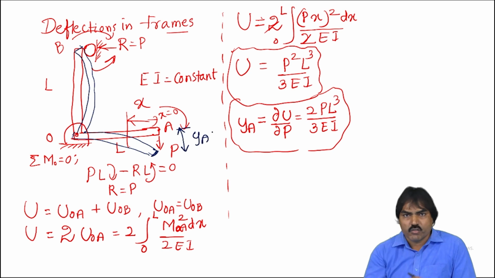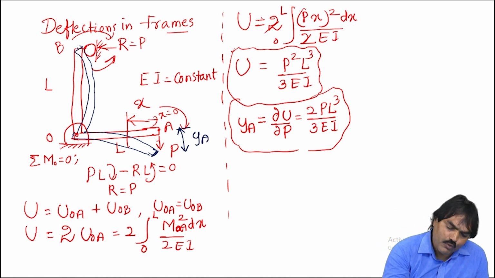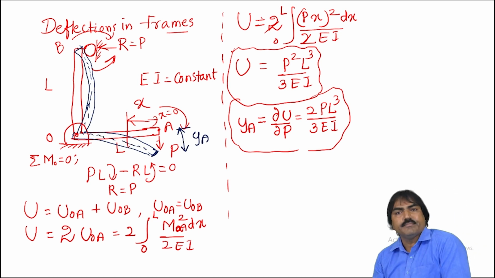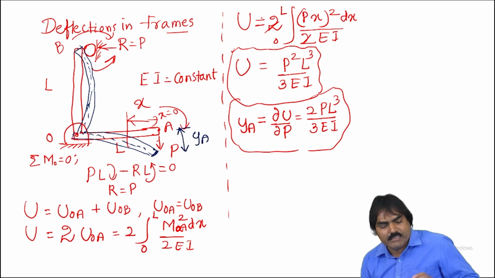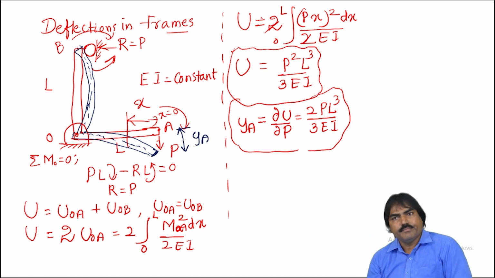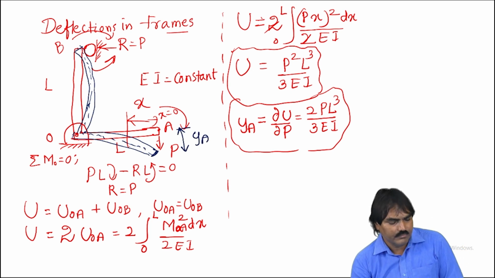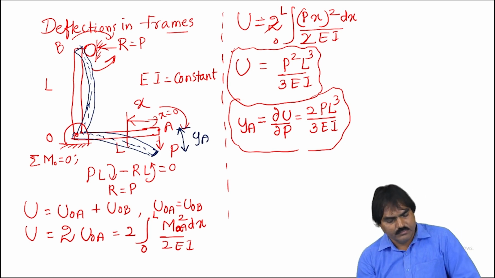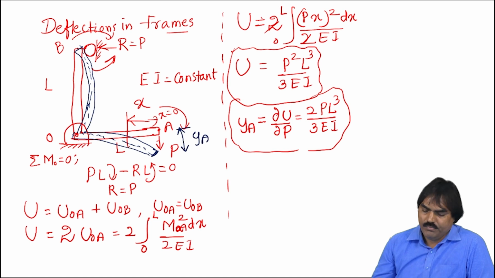The structure deflects. If you show only the axis, that is called the elastic axis of the beam after bending. It will be in this manner.